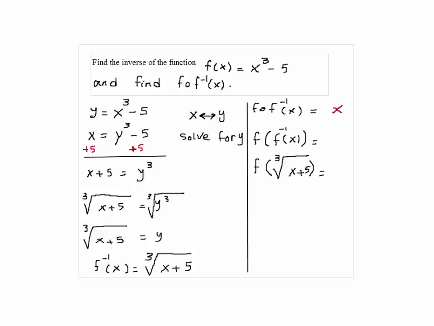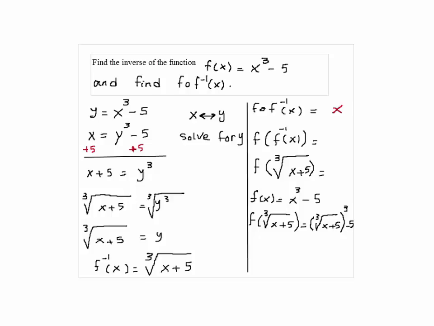So if I write f of x is equal to x cubed minus 5, then f of cube root of x plus 5 would be equal to, substituting for each x, cube root of x plus 5, so that would be cubed, minus 5.